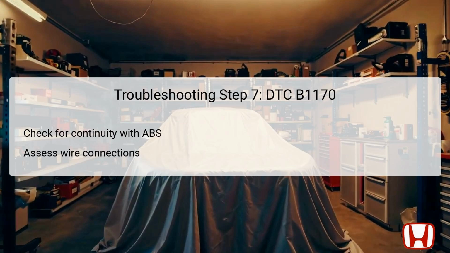Again, it is crucial to establish that these connections are active and functioning correctly. If continuity is confirmed, then the focus should shift back to analyzing potential issues with the ABS modulator. If continuity fails, it indicates that there is an open in the wire, necessitating repairs to restore functionality.